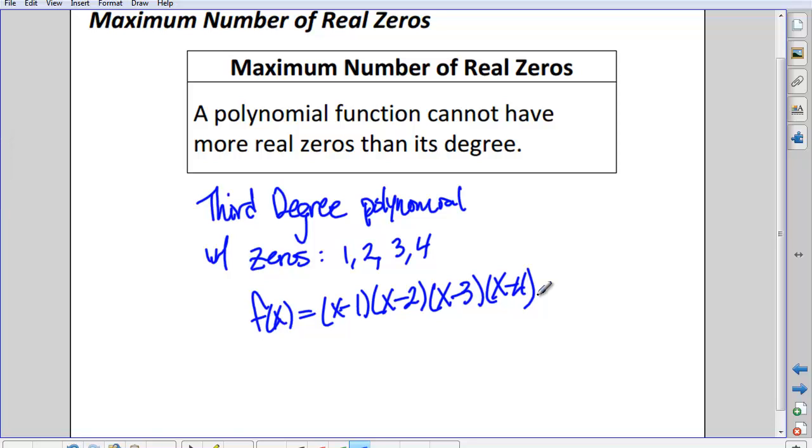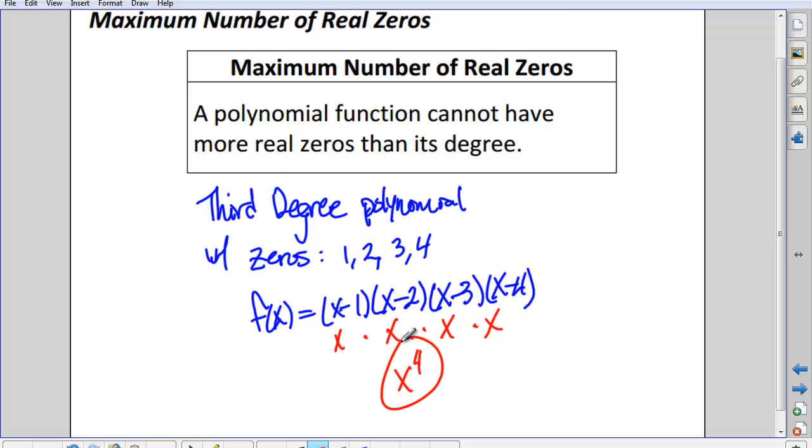And what would the degree of that polynomial be? Don't we have x times x times x times x, which is x to the 4th? Okay, that's not a third degree polynomial, that's a 4th degree polynomial. So we can see that that doesn't really make sense. We said it was a third degree polynomial with those zeros, but it was actually 4th degree.